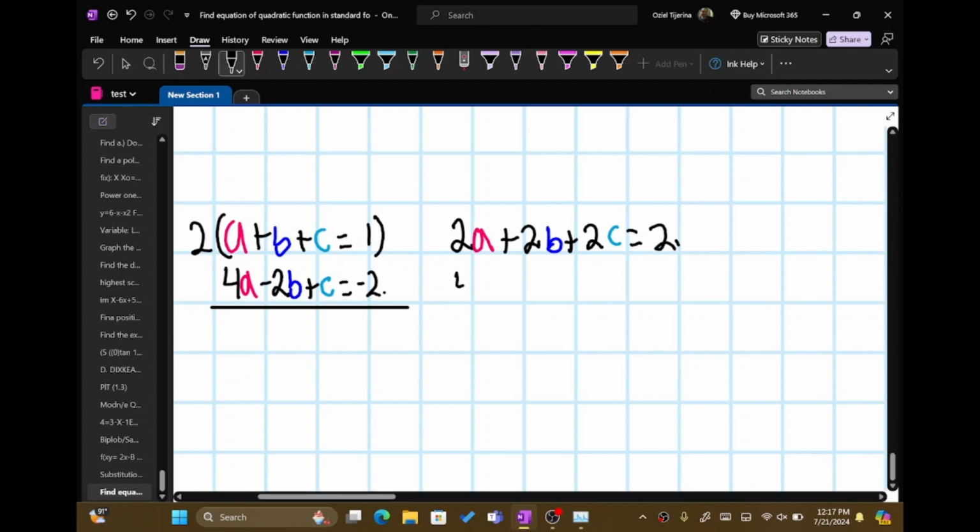And then 4a minus 2b, and then plus c is equal to negative 2.